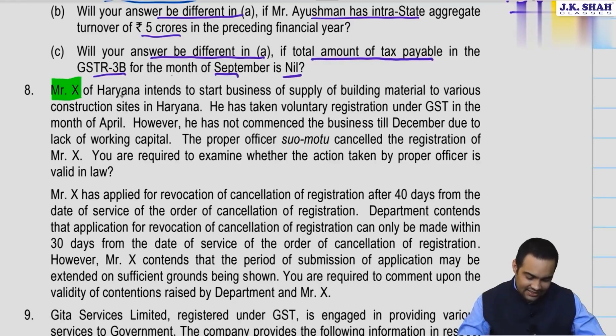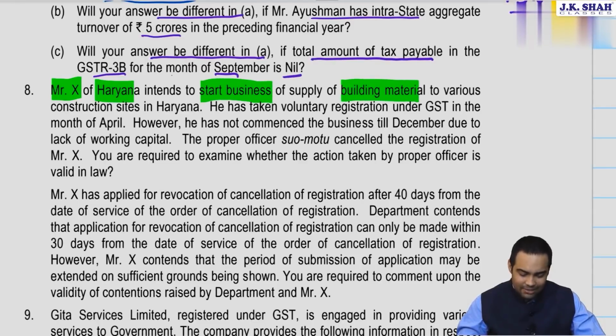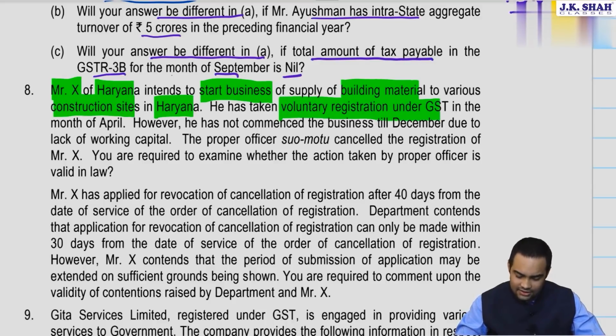Mr. X, Haryana, intends to start business of supply of building material to various construction sites in Haryana. He has taken voluntary registration under GST in the month of April. He has not commenced business till December.